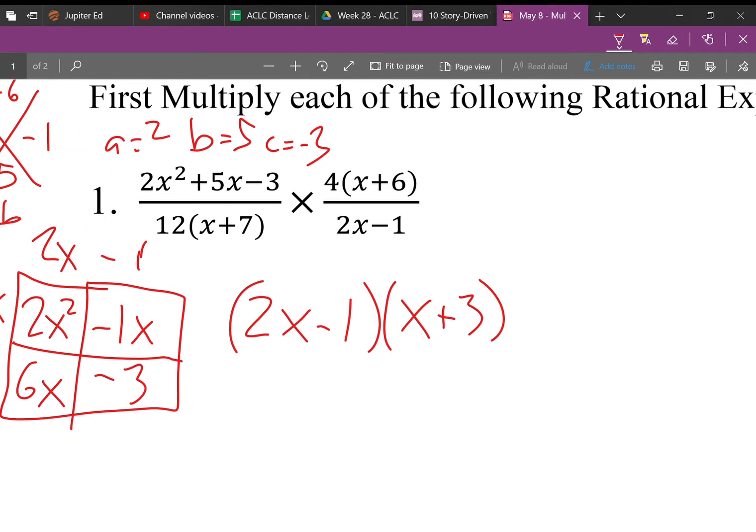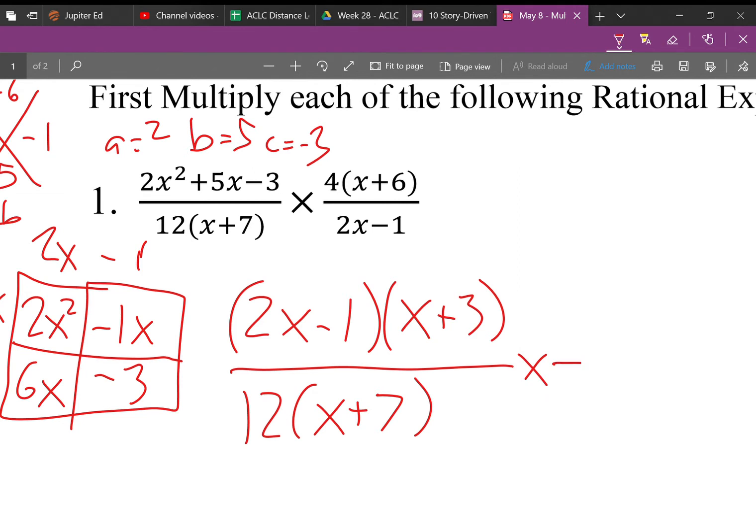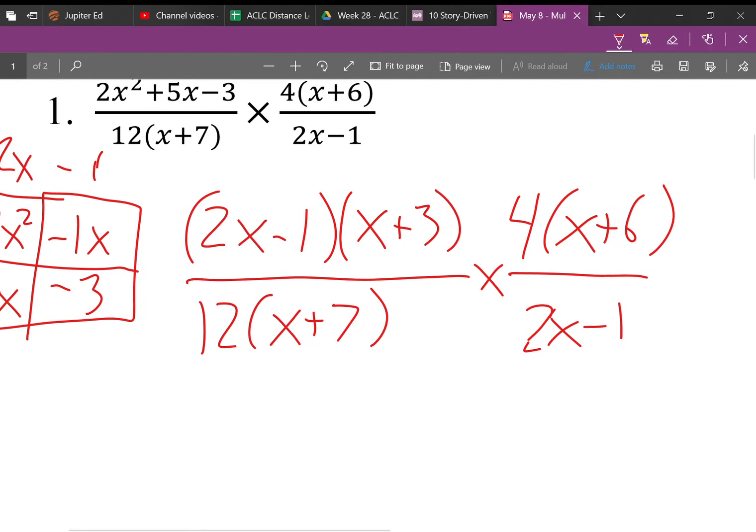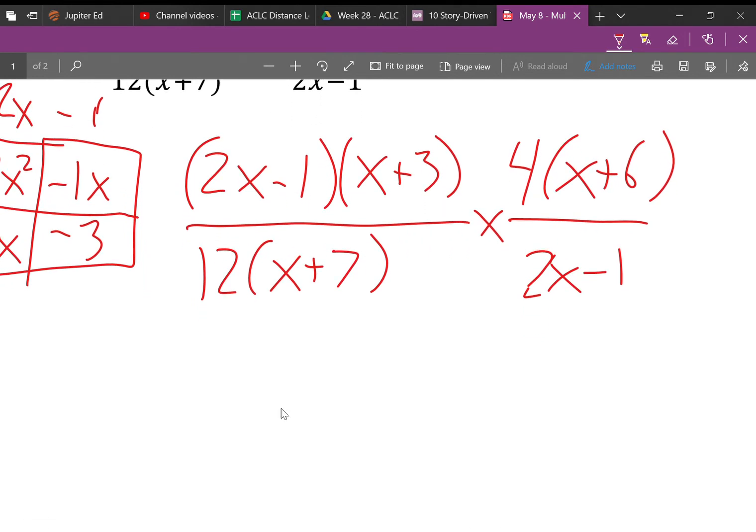Let's go ahead and write everything else out. I don't think anything else factors. We have a 12 here, x plus 7. We have our 4, x plus 6, and we have our 2x minus 1. Now we're going to write this all over one division bar. When we do that, we are going to make sure we move our numbers to the front.